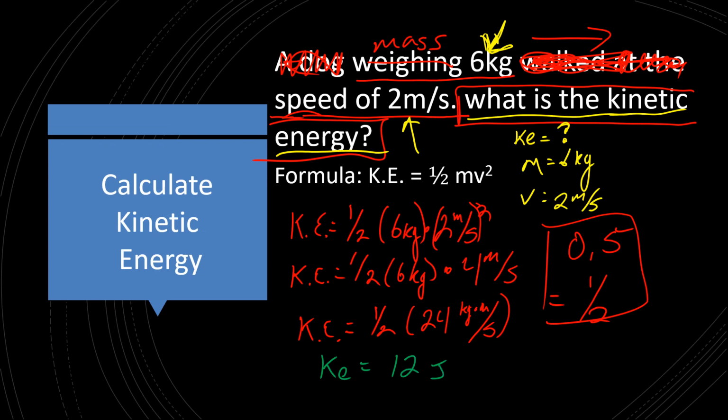Okay, so 12 joules. Now you may be thinking, well, that makes sense, so everything is going to be extremely easy and just half of what you get if you multiplied it together normally. If you skip steps, you're going to mess up. So taking the time and doing each step is really important.